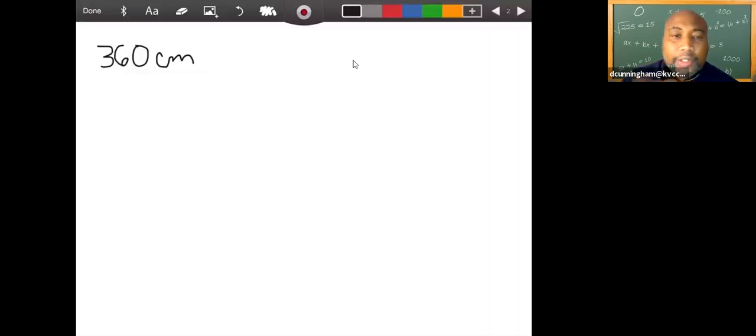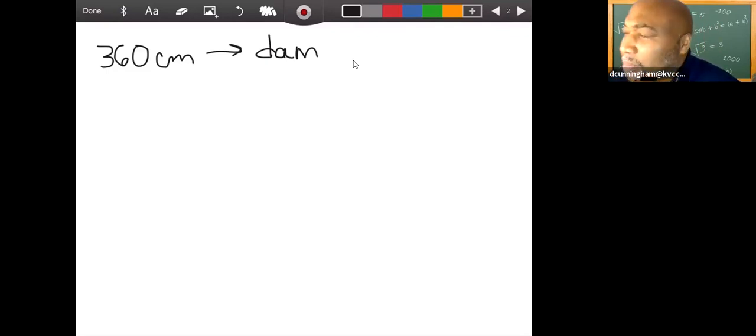Now let's look at another example for linear measure. We have 360 centimeters, and we want to convert that to decameters. Again, I'm going to use meter as that middle link. But if you know the direction to go with your decimal places, use that too if you want.